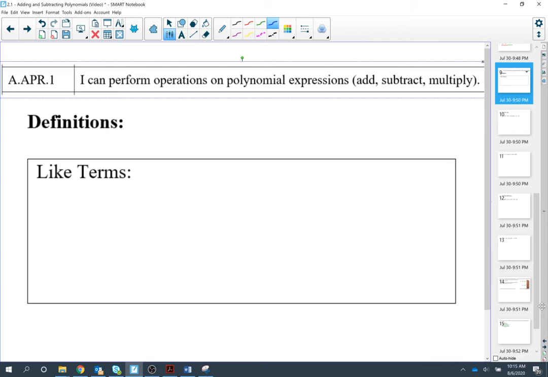We know that terms are the things that are separated by the plus and the minus signs. Like terms are terms with the same degree.